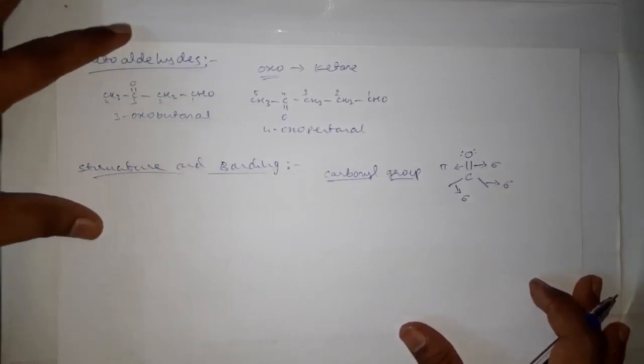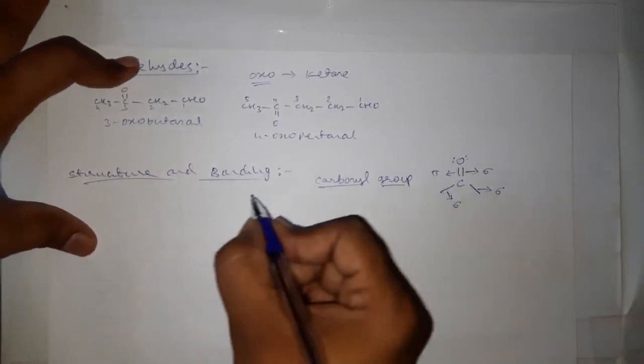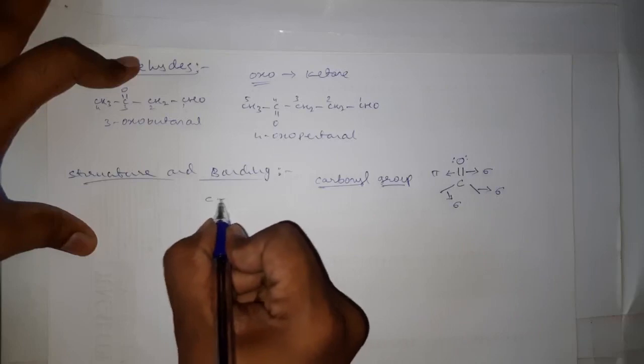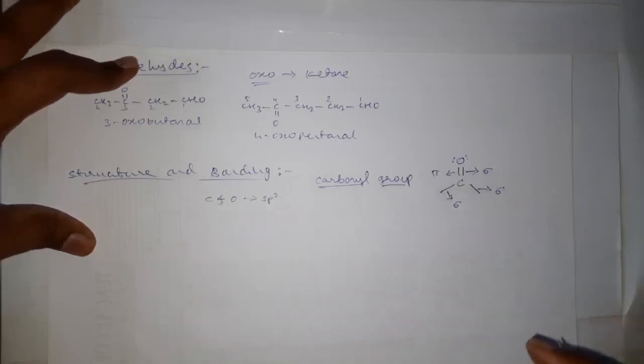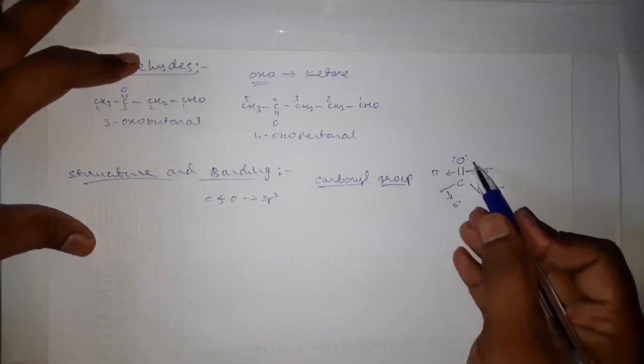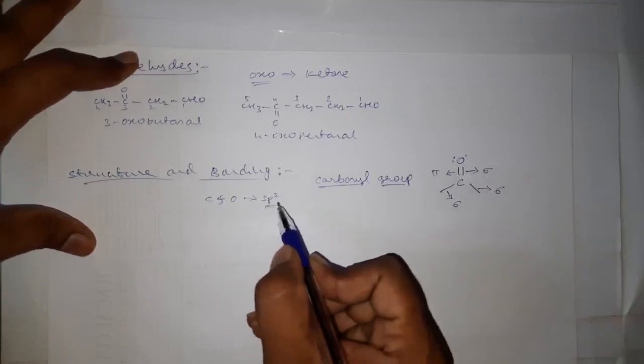Now we can say both carbon and oxygen are sp2 hybridized. The hybridization of carbon and oxygen is sp2.